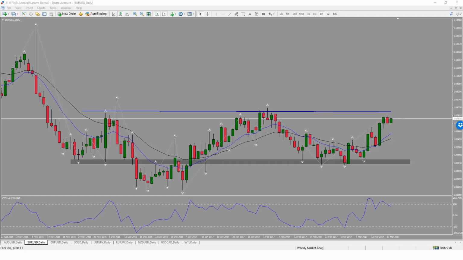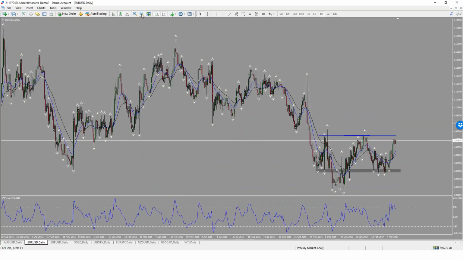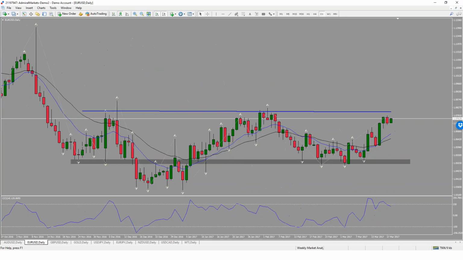So what I'm feeling here is exactly the same as the Aussie dollar, but let me just zoom out a bit. Let me just have a quick look. But this one, if I get this kind of candle like that, this one would be a better buy than the Aussie dollar. I don't know why, maybe it's just psychologically, because there's a lot of activity up there.